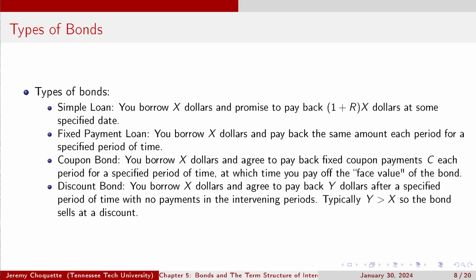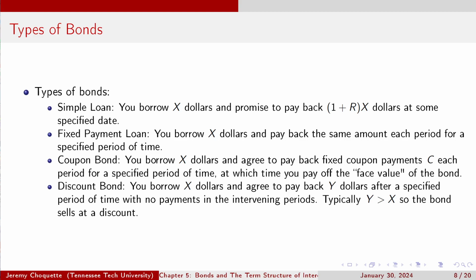There's a coupon bond. Again, you borrow X number of dollars and you agree to pay back fixed coupon payments, C, each period for a specified period of time, at which time you pay off the face value of the bond. And there's a discount bond. You borrow X dollars and agree to pay back Y dollars after a specified period of time with no payments in the intervening periods.